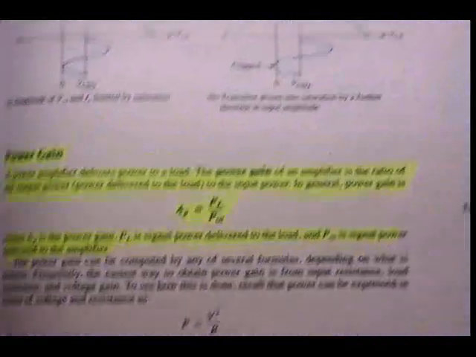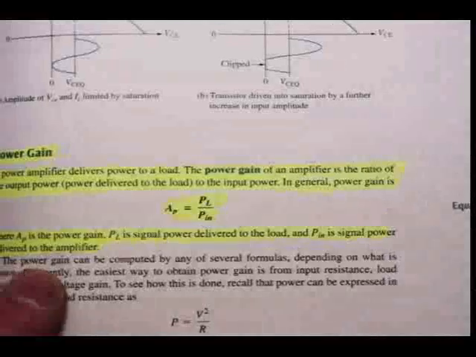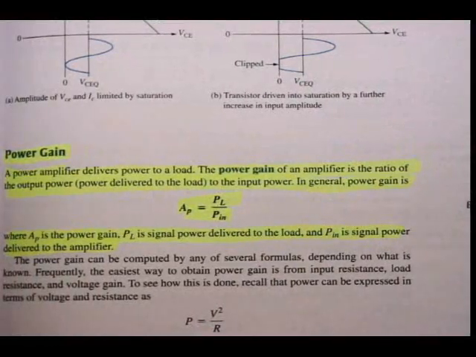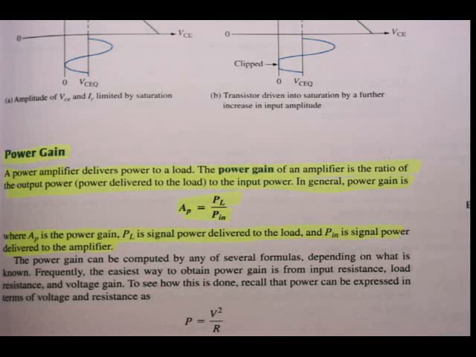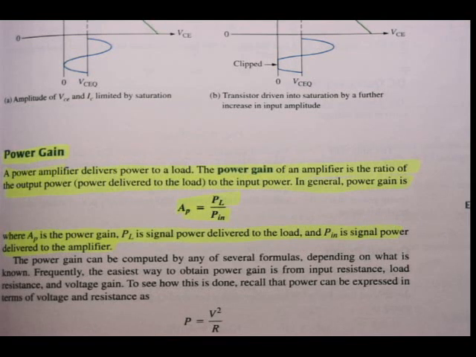On the next page, page 325, power gain. We're not going to do any calculations in this chapter, so it's all just background theory. That's why I just want you to mark some of the sections here. But the power gain: a power amplifier delivers power to a load. The power gain of an amplifier is the ratio of the output power, that's the power delivered to the load, to the input power.